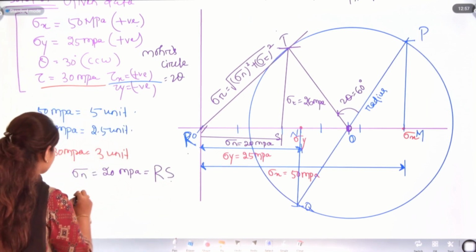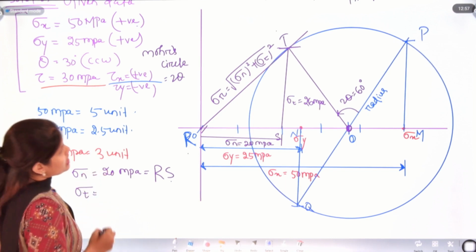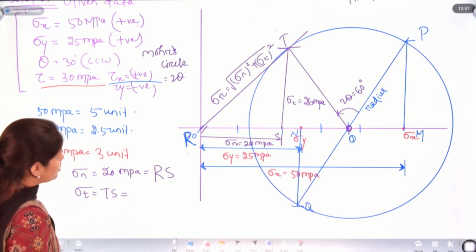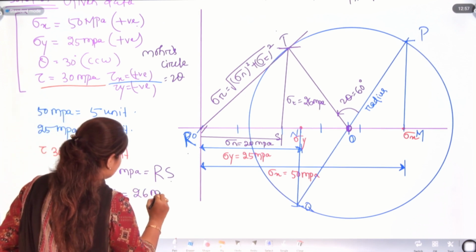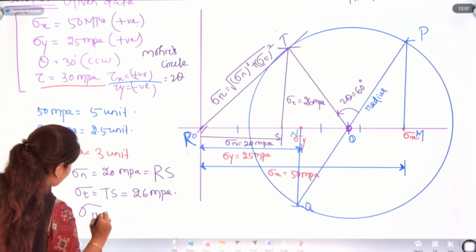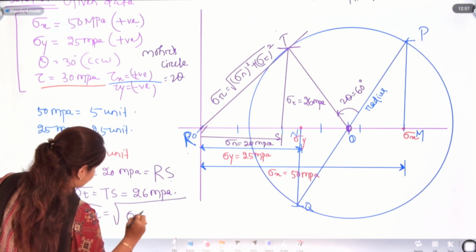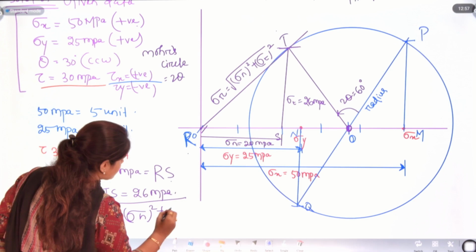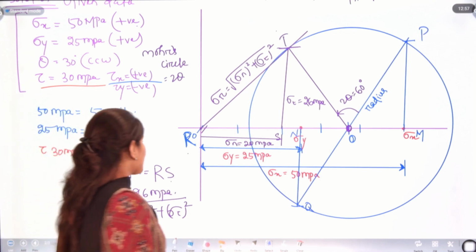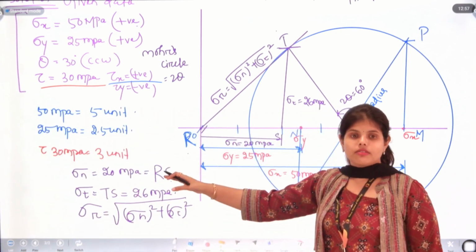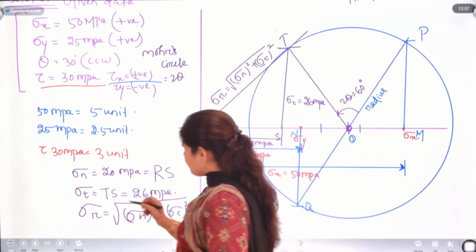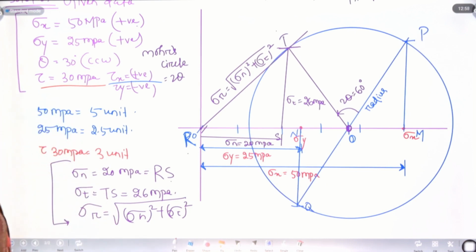Okay, and sigma t will be TS. Let's take that as 26 megapascal. And we have already found sigma r, that is root over of sigma n square plus sigma t square, normal stress square plus tangential stress square. Okay. So, you can see we have already solved the first question. So, we have found sigma n, sigma t and sigma r.